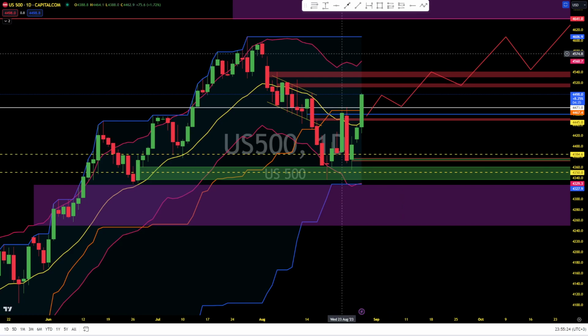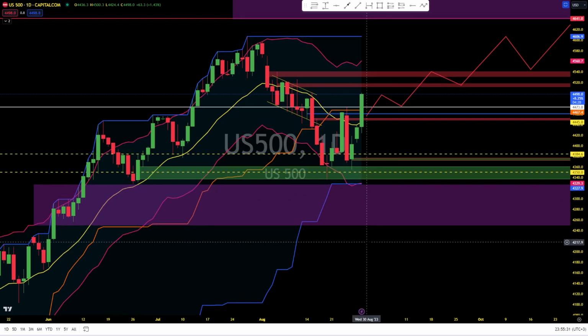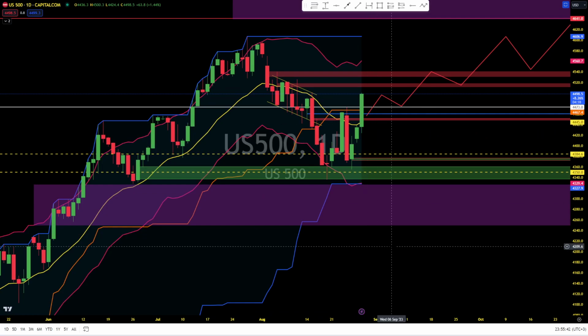So the blue one with the orange line in the middle is called the Donchian channel, and it's a trend following channel. And the red channel with the yellow line in the middle is the Keltner channel, which is basically a volatility channel.